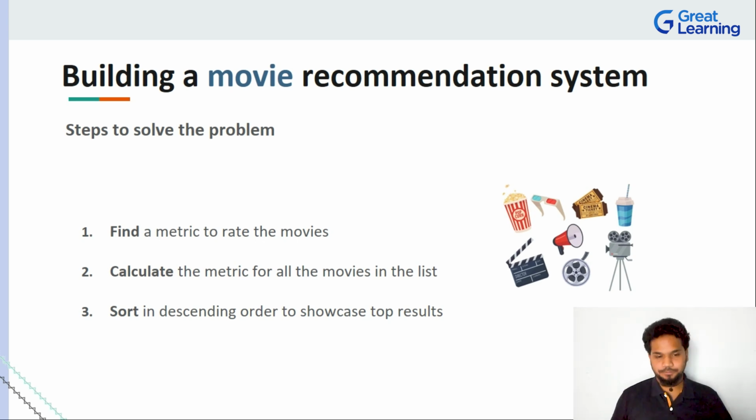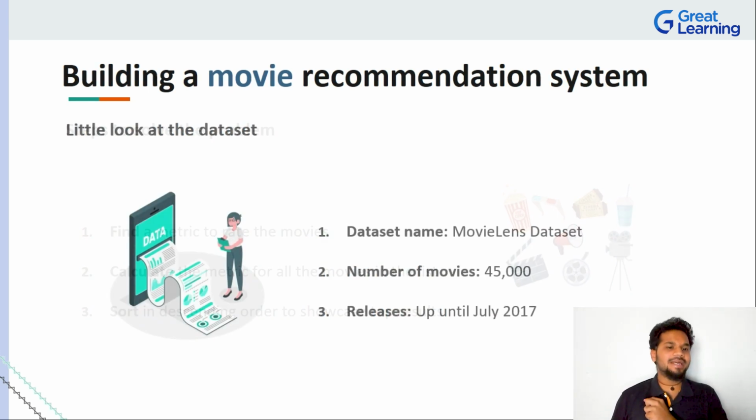Okay. Now, what we can do next is actually take a little look at the data set, because having an understanding of the data set is everything. It has a huge impact in having just a good solution to your problem versus having a great solution to your problem. Now, what is our data set in consideration here? Our data set is again a super popular data set.